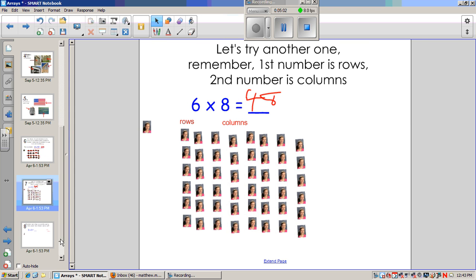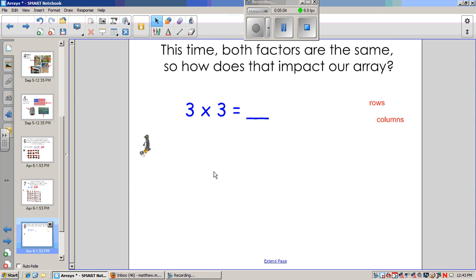One more quick example. We have 3 times 3. Sometimes the factors are the exact same. Well, how does this impact it? Am I going to get a rectangle still? Well, you're still going to do your 3 rows. Remember, the first number always is rows. Second number always is columns, which is the up and down. I have my 3 rows, and now in each row, there's 3 columns.